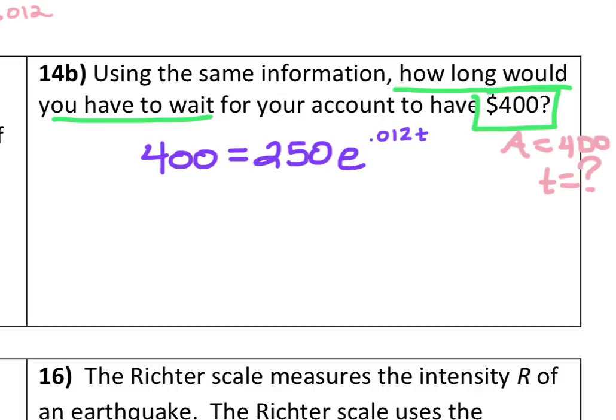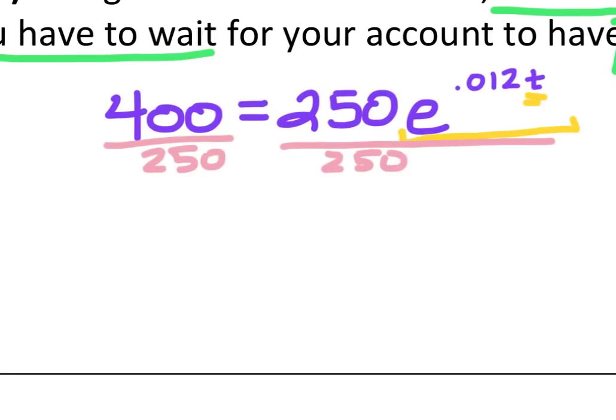And what I have to do now is solve this equation, given that my variable that I'm solving for is an exponent. So let's start by getting e to the power all by itself on one side of the equation. To do that, I'm going to divide both sides of the equation by 250. Let me leave the left-hand side as 400 over 250, and we'll come back to that in a minute.